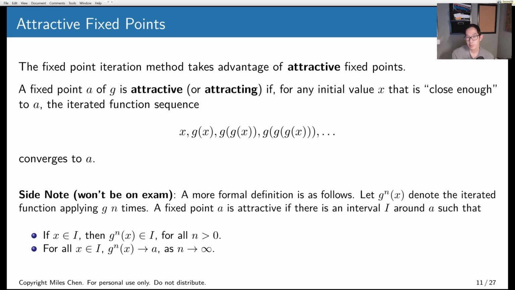Sometimes we have fixed points that are attractive fixed points, and fixed point iteration takes advantage of the idea that attractive fixed points exist.